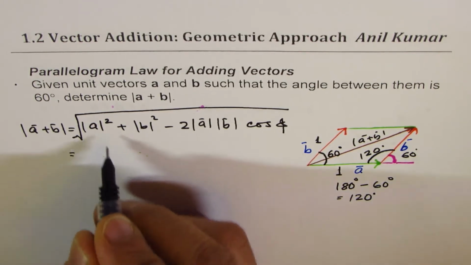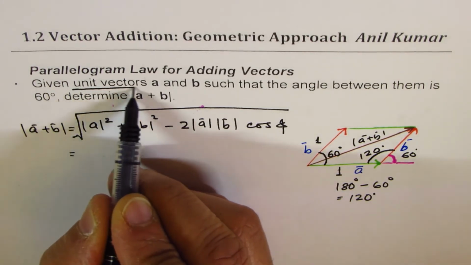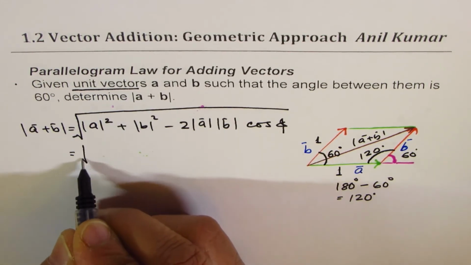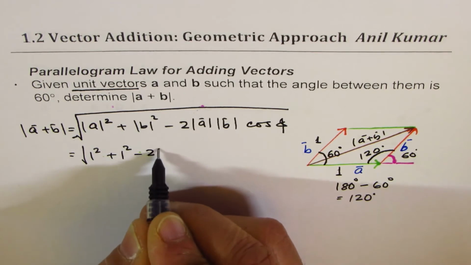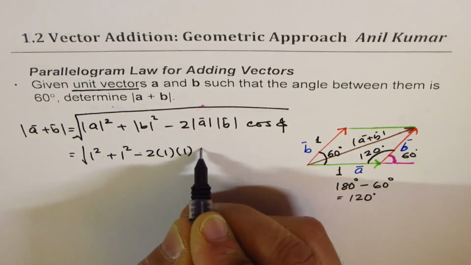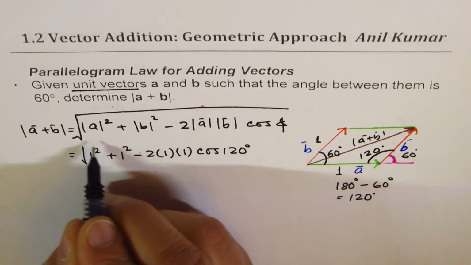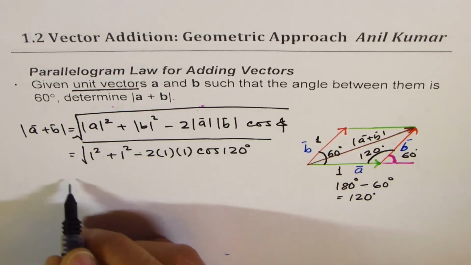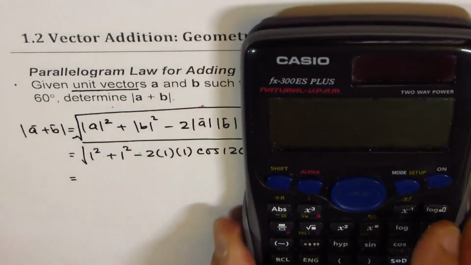So in our case, we are given unit vectors. Unit vector means the magnitude is 1. So we'll write the square root of 1 squared plus 1 squared minus 2 times 1 times 1 times cos of 120 degrees. Now we can use the calculator to find the magnitude.